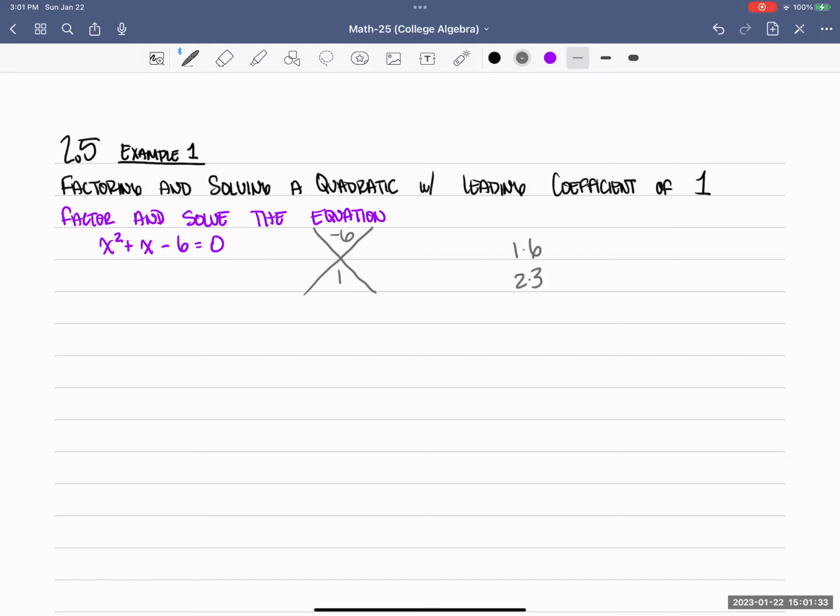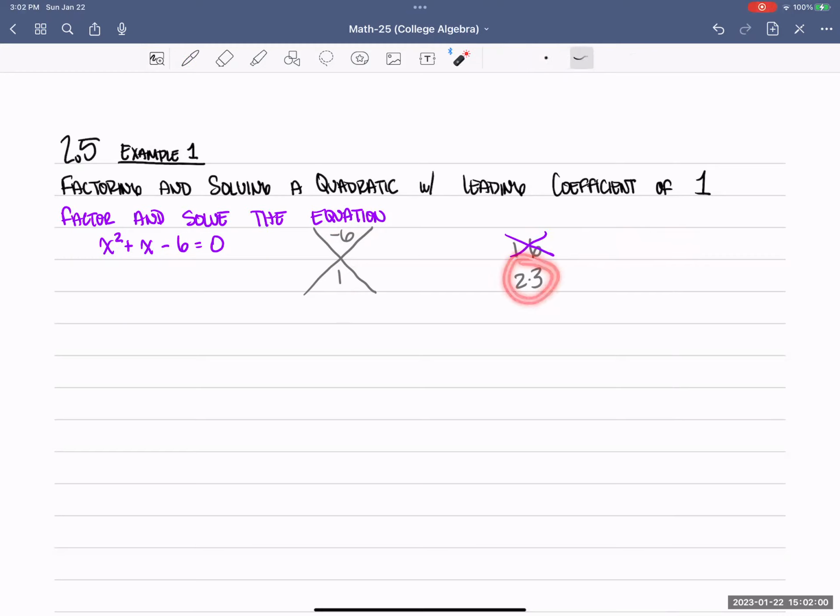It being a negative number, one of these has to be negative. So -1 and 6: we're trying to multiply here, but add to get this number. If we make 1 negative, -1 plus 6 gives us 5, so this is not going to be our pair.